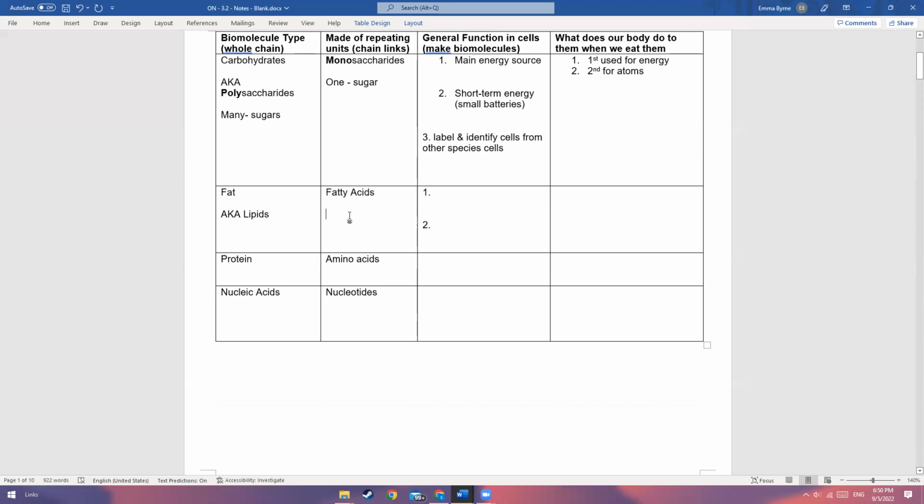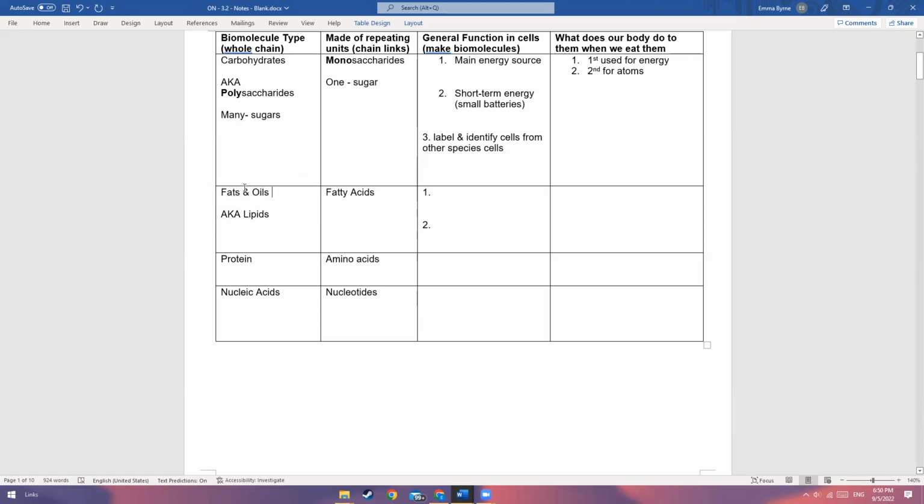All right, so moving on from carbs, we move on to fats. And really this category should be called fats and oils because they both fall under the lipid category. And fats and oils, what are we really referring to? So this could be both saturated and unsaturated fats. Say you have a stick of butter, that might be saturated fat.